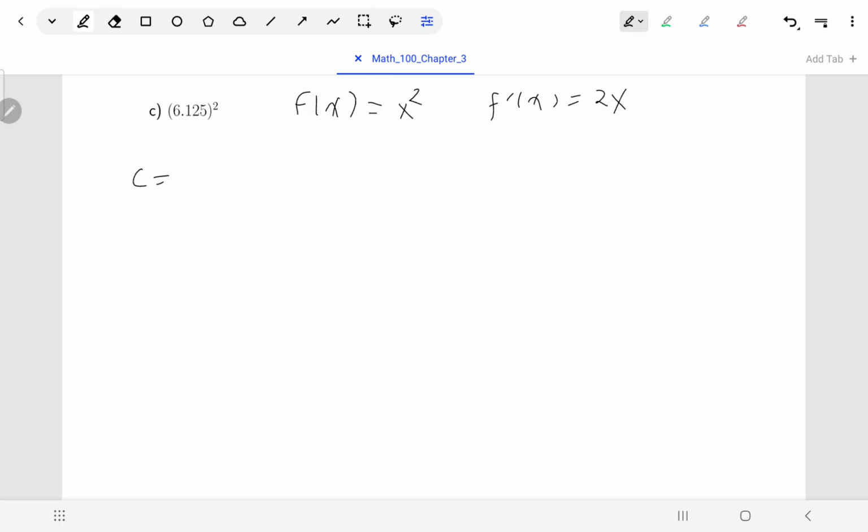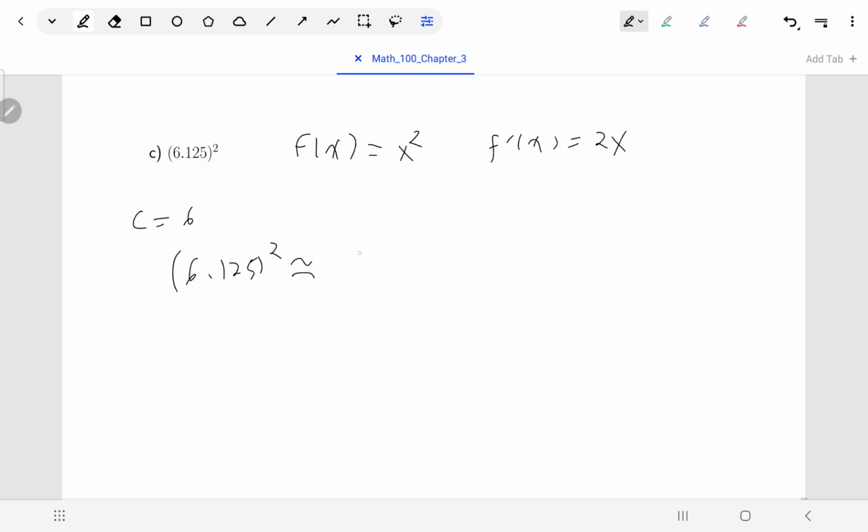And if I chose my c value to be 6, then 6.125 squared should be approximately f of c, which is 6 squared, plus f prime of c, 2 times 6, times x minus c.